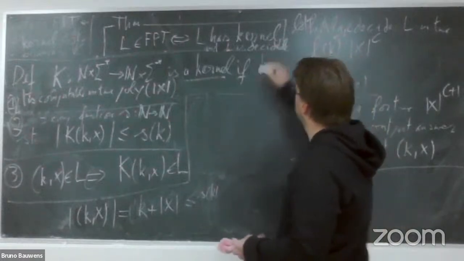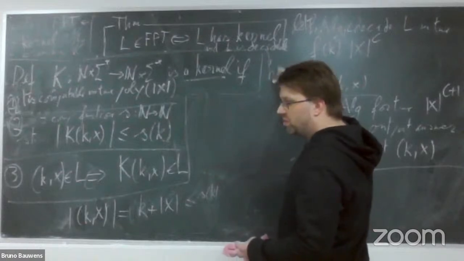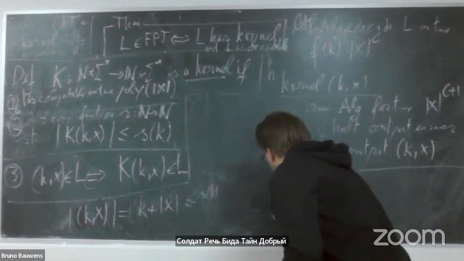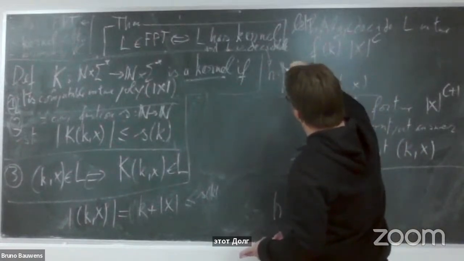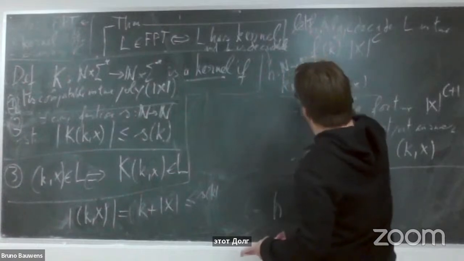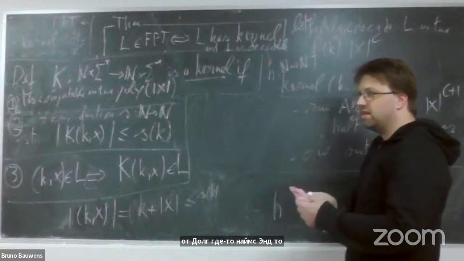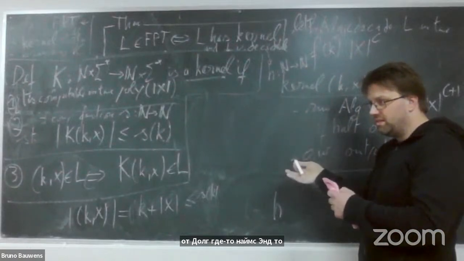So decidable: let H be the time in which L is decidable. H gets a length and tells the time. So H is a function that, given the size of the instance, tells the maximal time to decide it.